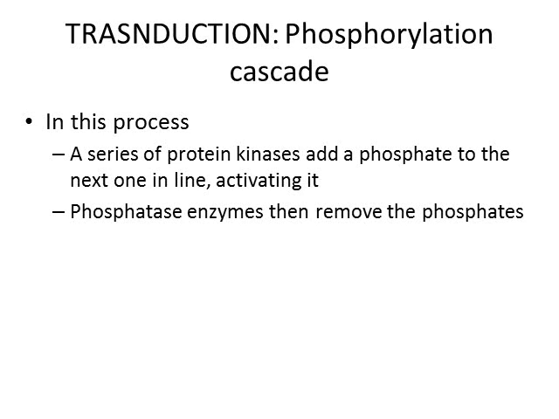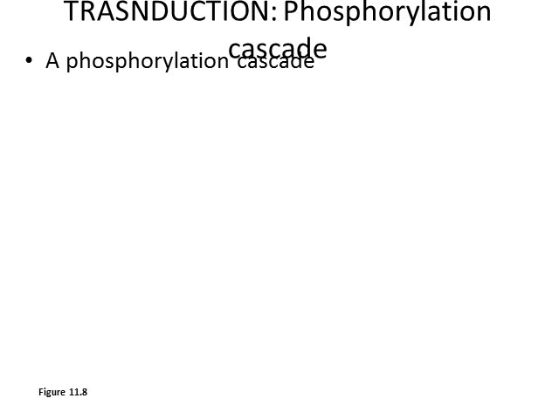Now, there's the enzyme that adds the phosphates, and then there's an enzyme that undoes the phosphate, which is called a phosphatase. Phosphatase enzymes remove the phosphate, which most oftentimes deactivates the enzyme in the phosphorylation cascade. Sometimes by removing the phosphate, we actually can activate. It's a rare case, but it does happen.